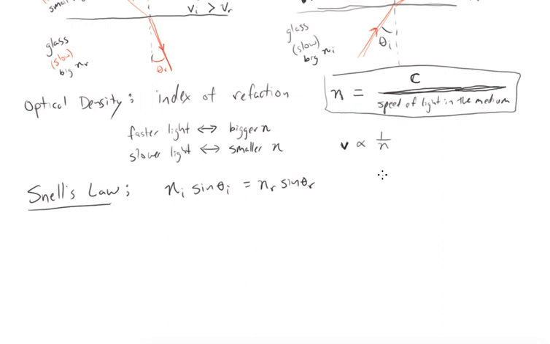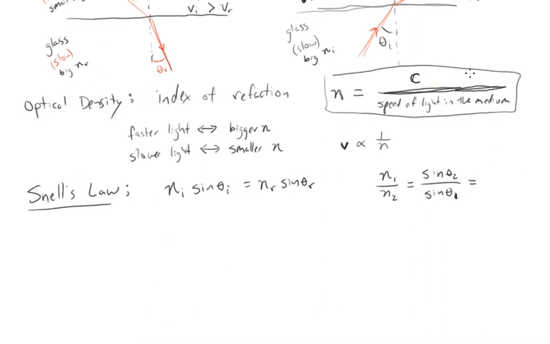In your data booklet, I believe you're given n1 over n2, and I would just say 1 is the incident and 2 is the refracted, so this is the first material it's in, this is the second material it's in, is equal to, and if you look at this, we just divide n sub R over and divide sine theta over, this would be sine of theta 2, so that's the refracted angle, over sine of theta 1, that's the incident angle.